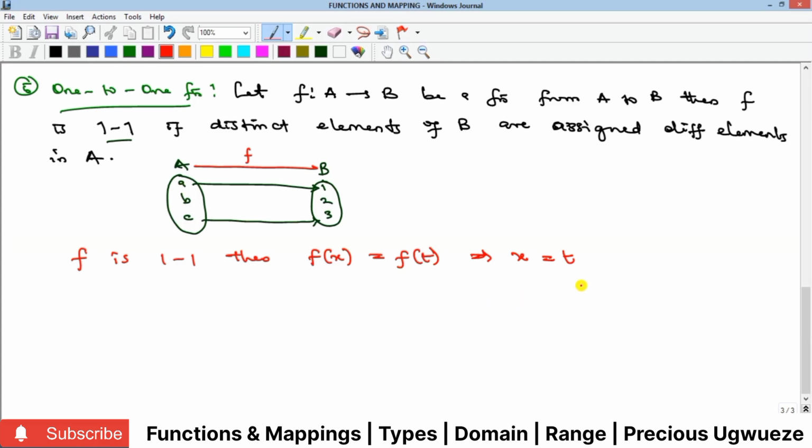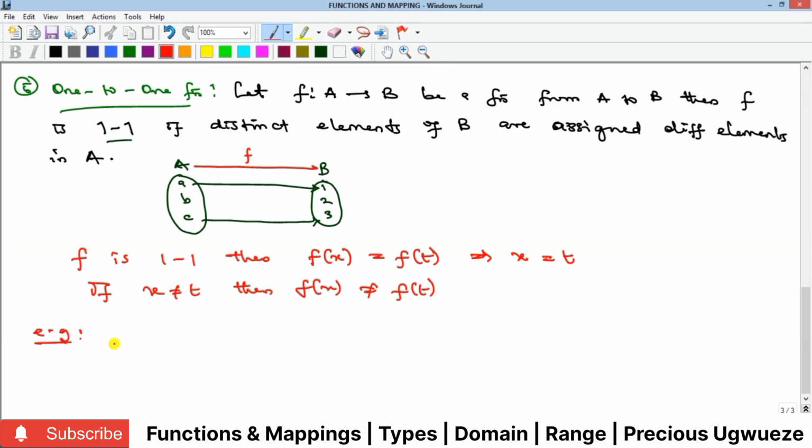And so if you say this in another way, if x is not equal to t, then f of x can never be equal to f of t in a one-to-one function. So that's what one-to-one is all about. And we can give you examples of one-to-one function.